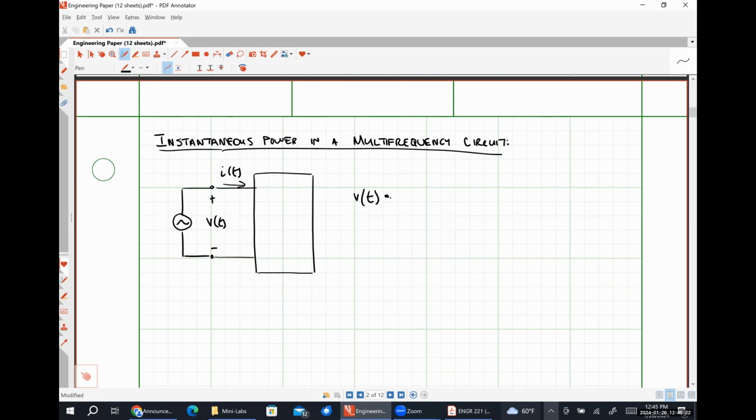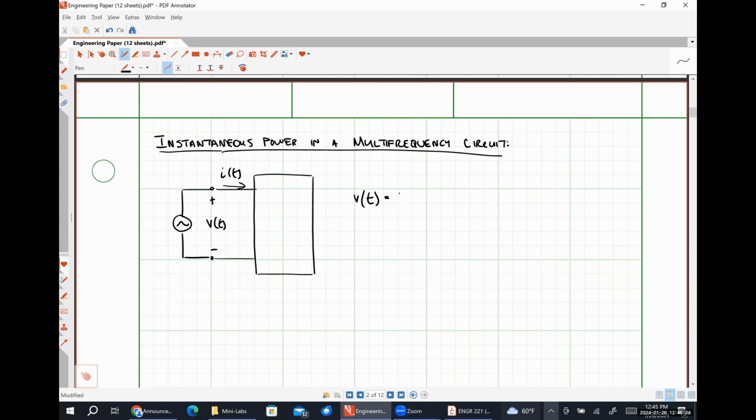Okay. So let's say that we have a voltage Vm1 cosine omega 1t plus some phase angle theta V1 plus Vm2 cosine omega 2t plus some phase angle theta V2.